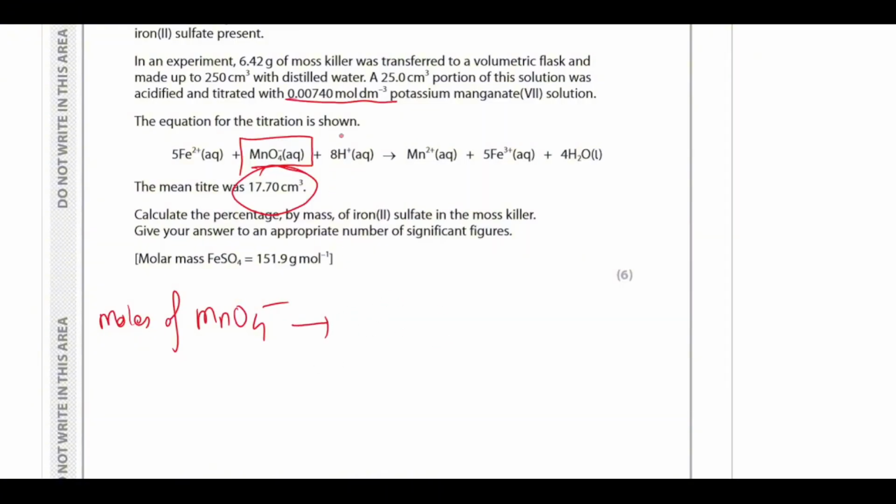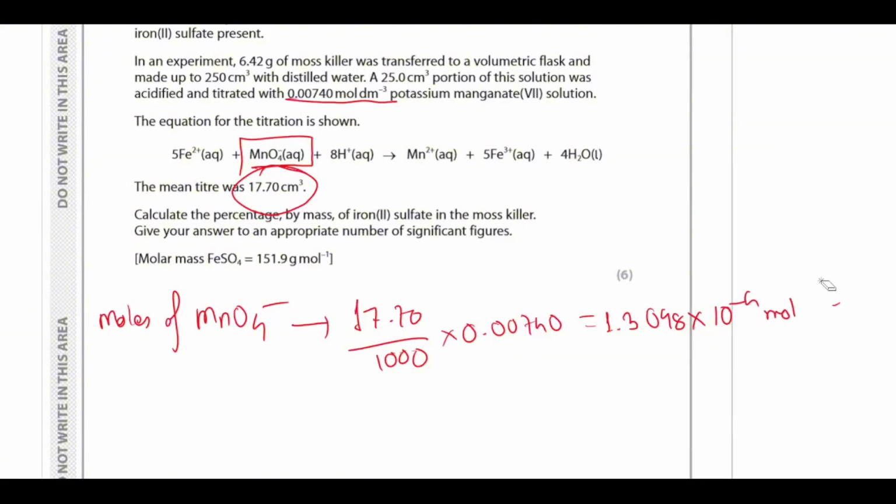We just multiply the volume with the concentration. Since the volume is in cm3, we divide by 1000, and the value is 0.00740. Eventually you'll be getting 1.3098 times 10^-4 mol. So that's the moles of MnO4-.